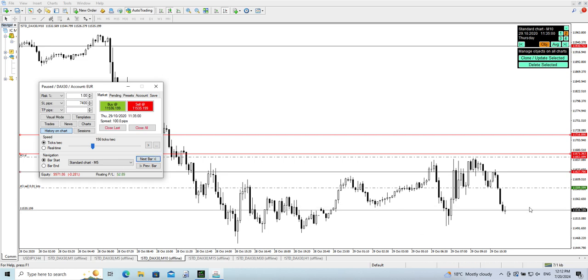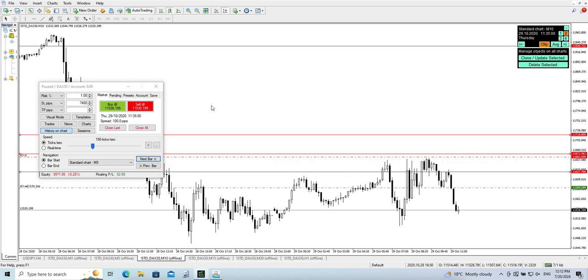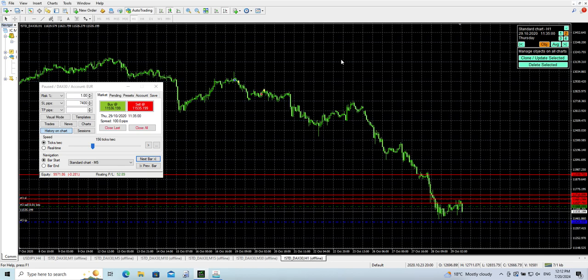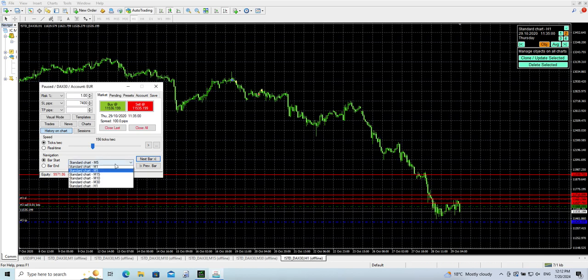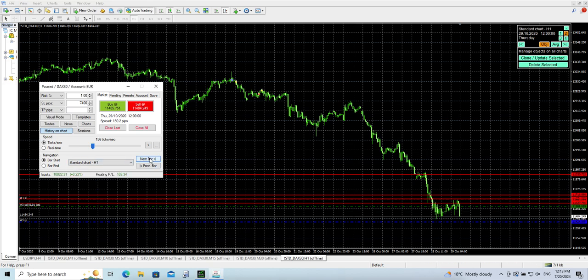Okay, we're going. Almost stopped out there, but not quite. Let's monitor this on the 1 hour time frame. Our take profit is down here for whatever reason, and we're stopped out.